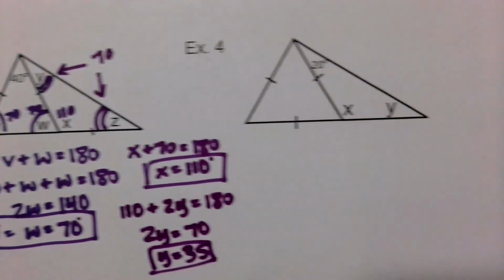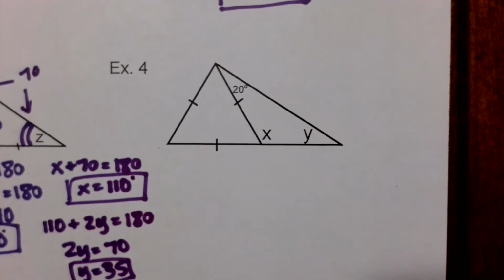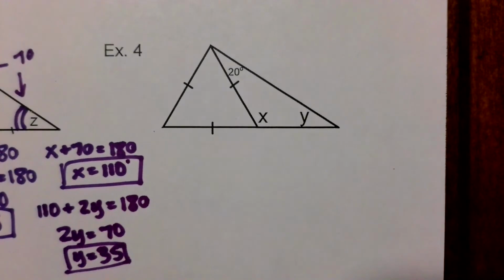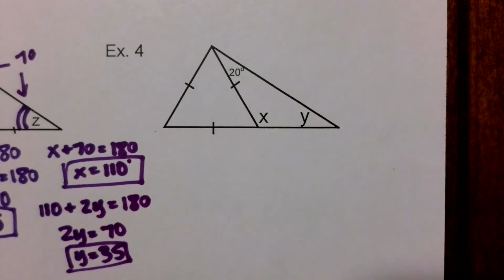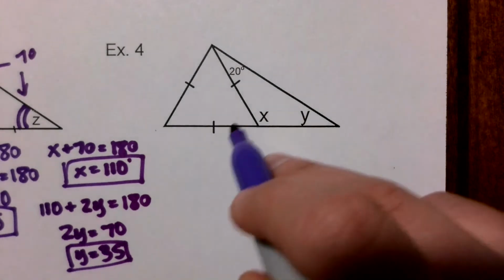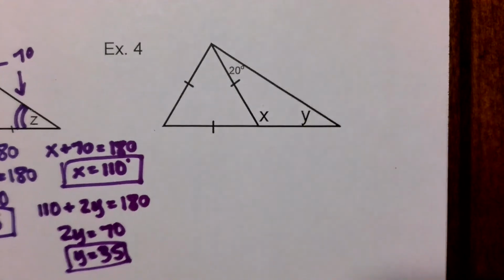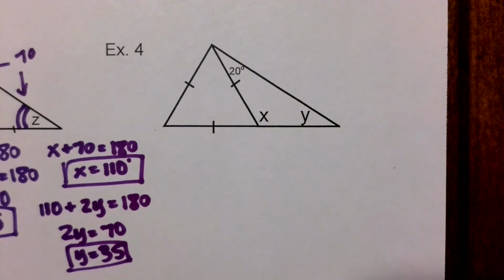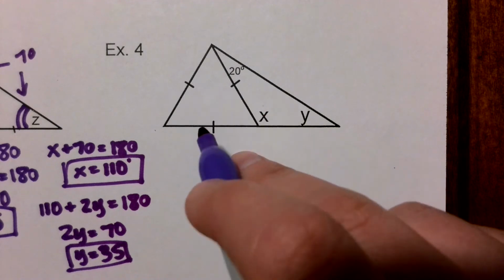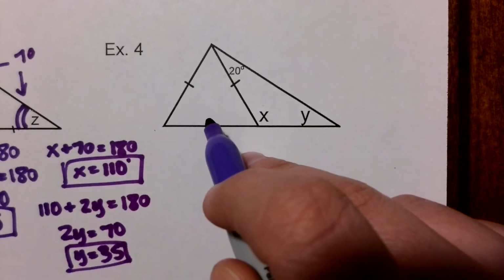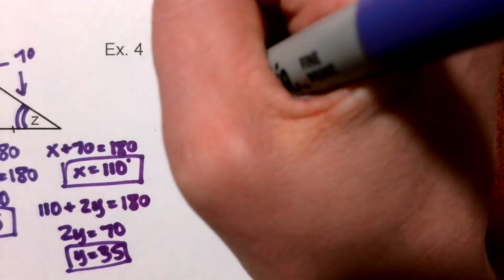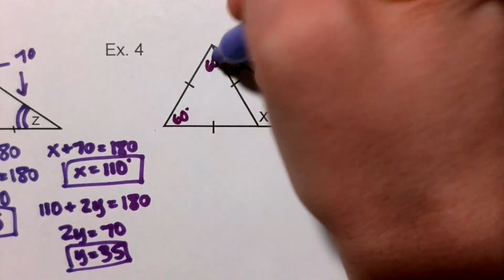Okay. With example 4, kind of similar to start with, but instead of starting with an isosceles triangle, we start with an equilateral triangle. Or at least that's the information we know about the sides. So that feels like it may not be enough, but remember, if we have an equilateral triangle, the sum of the interior angles is 180, so each of these angles has to be 60 degrees.